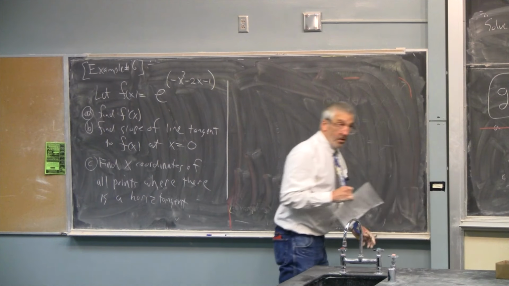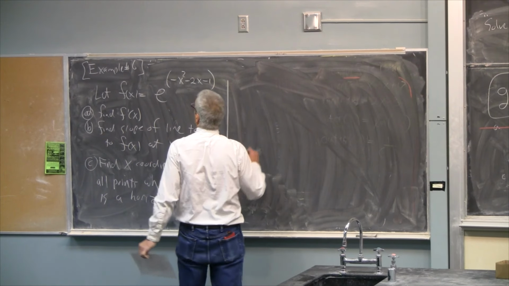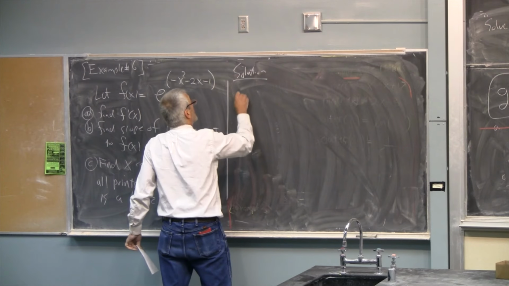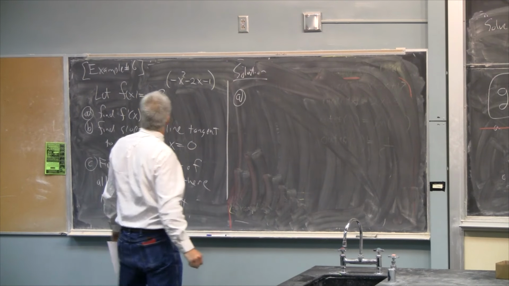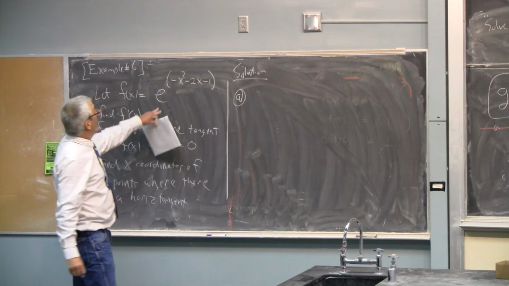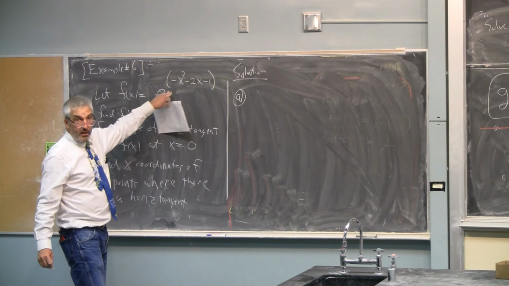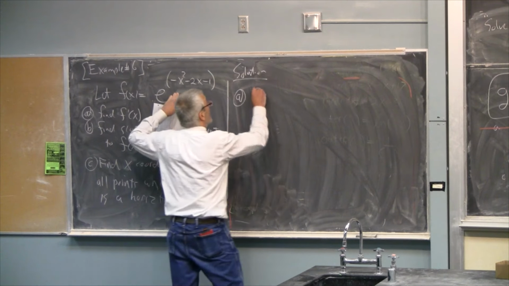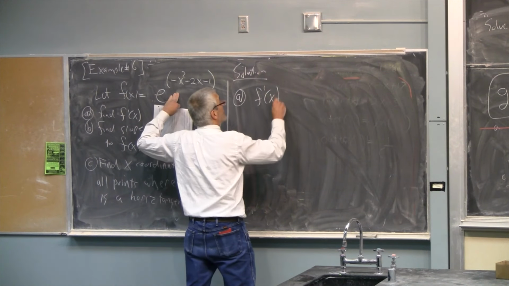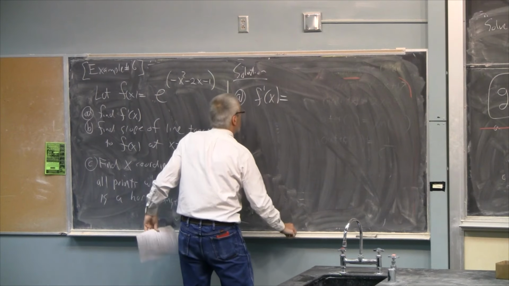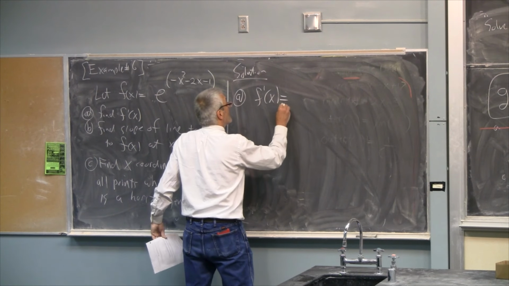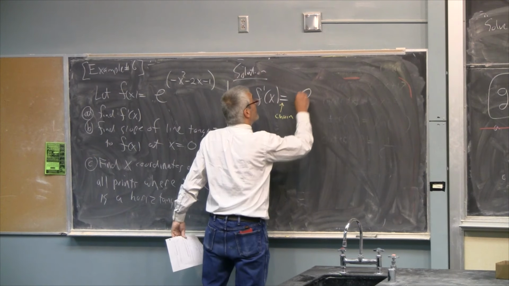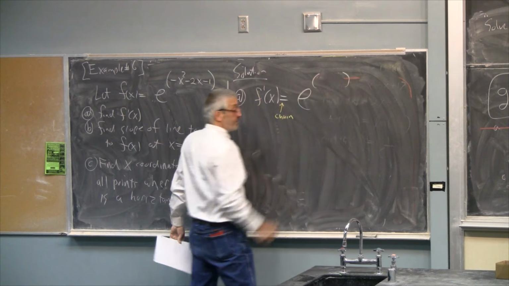All right, well, I'm going to go through this in kind of a quick way. Notice I have an outer function and I have an inner function. So I'm going to be doing the chain rule. So f prime of x is going to be, by the chain rule, the derivative of the outer function, which is e to the parentheses.